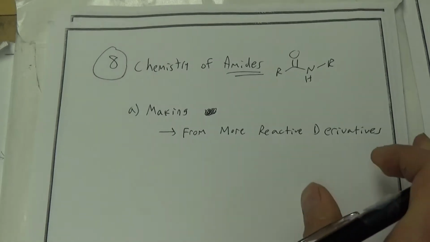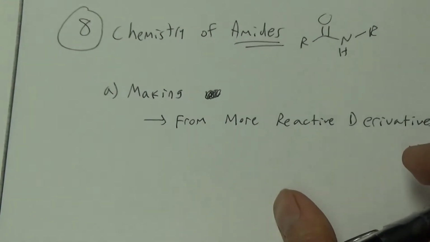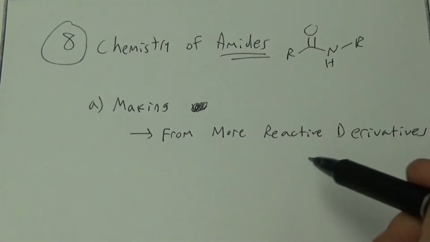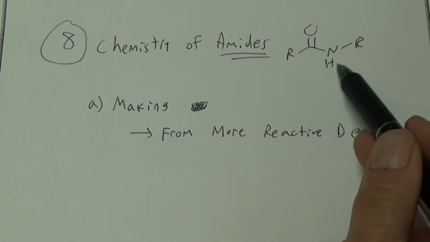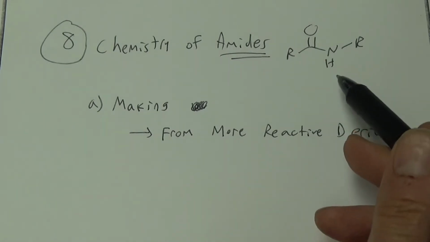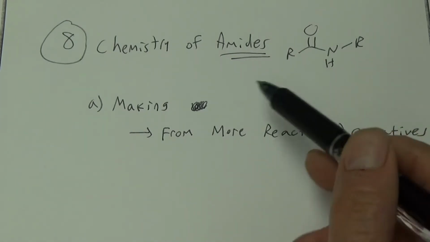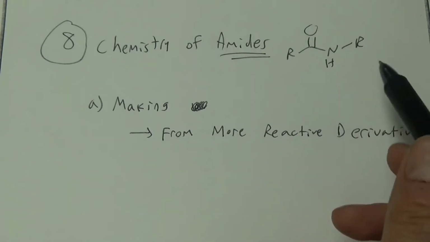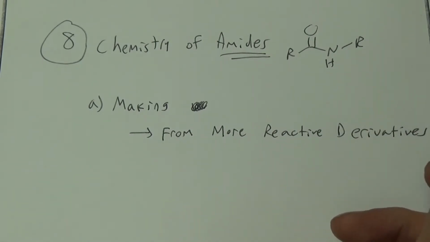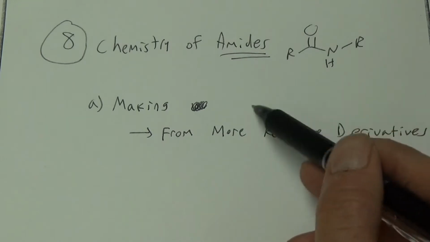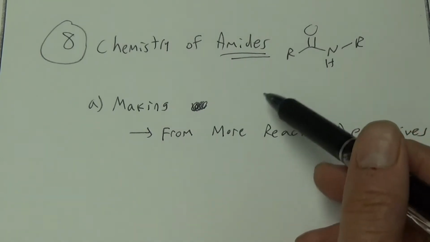More reactive derivatives. What does that mean? What's a more reactive carboxylic acid derivative than amide? Remember our little chart? Acid chlorides, anhydrides, esters, amides, carboxylic acids, right? So anything to the left on that chart is more reactive.